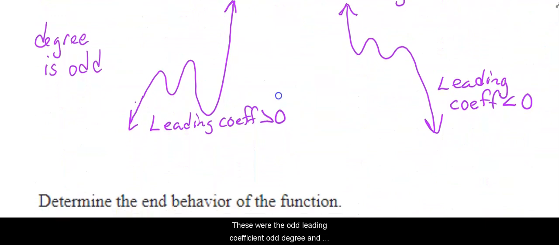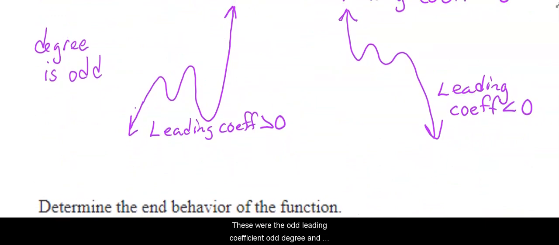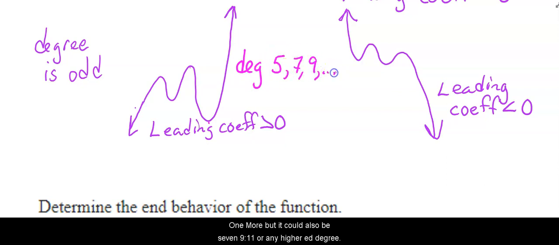These were the odd leading coefficients, odd degree, and I've got a leading coefficient positive on the left and negative on the right. The one on the left has 1, 2, 3, 4 turning points, which means the smallest degree would be 5, one more, but it could also be 7, 9, 11, or any higher odd degree.